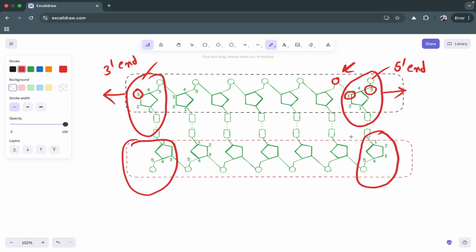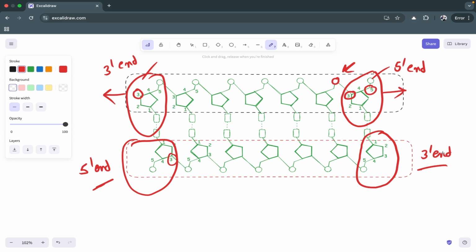You can pause the video and think about what name I should write here and here. If you notice, the third carbon atom is busy here making a bond with the previous nucleotide, but the fifth carbon is free and pointing outward, so this is my 5' end. Similarly, on this side, the third carbon atom is pointing outward and is free, that's why this is my 3' end.